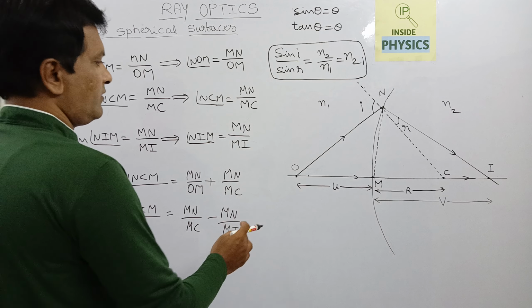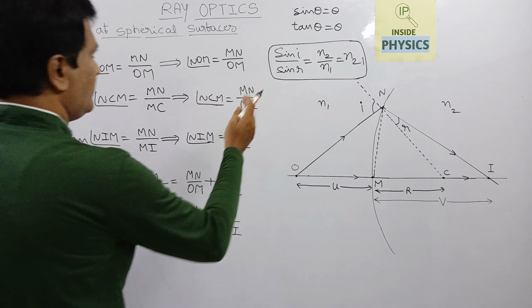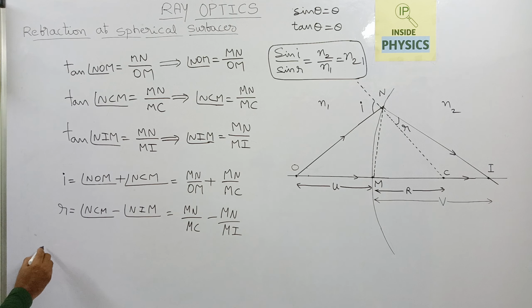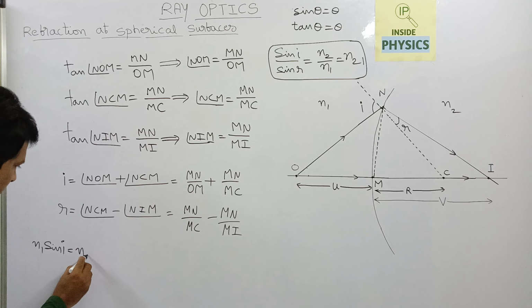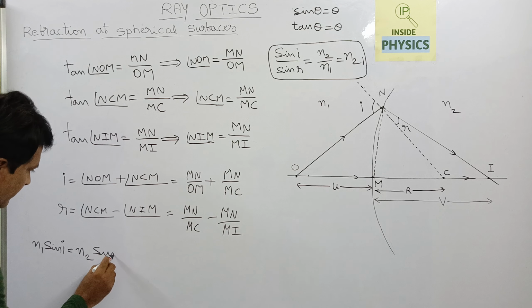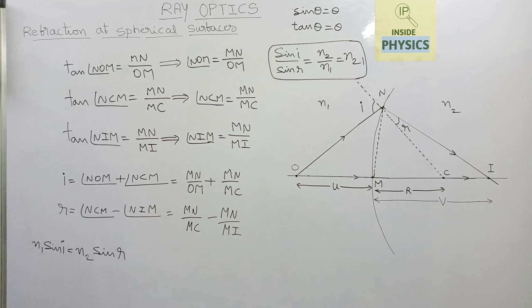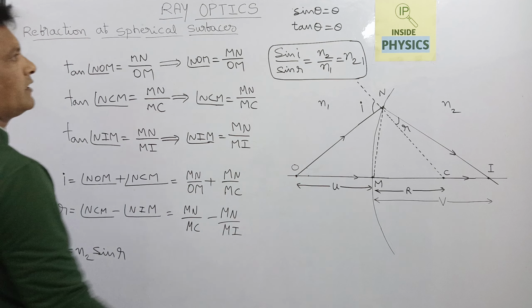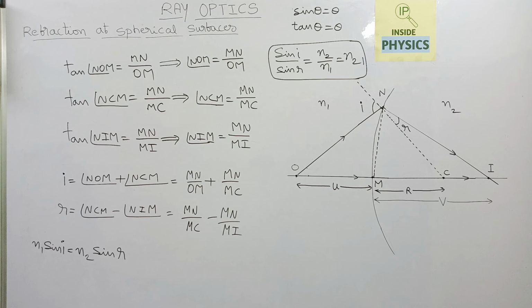So from this equation we can write N1 sin I is equal to N2 sin R.